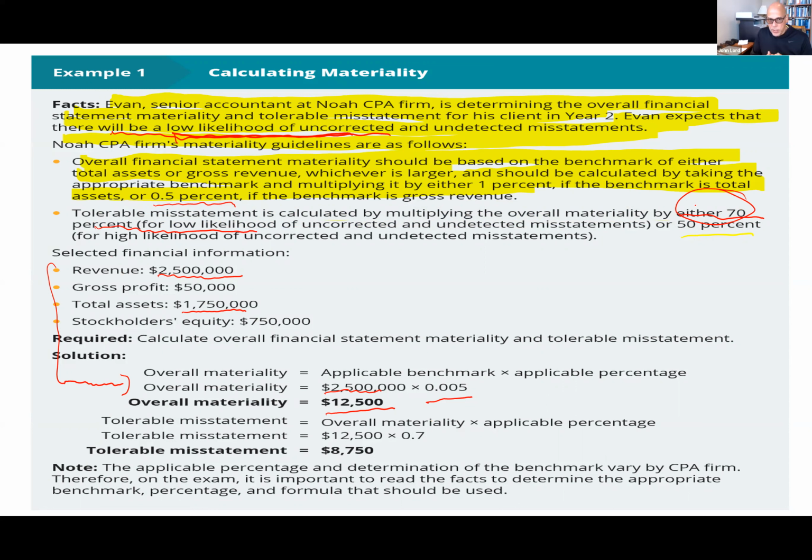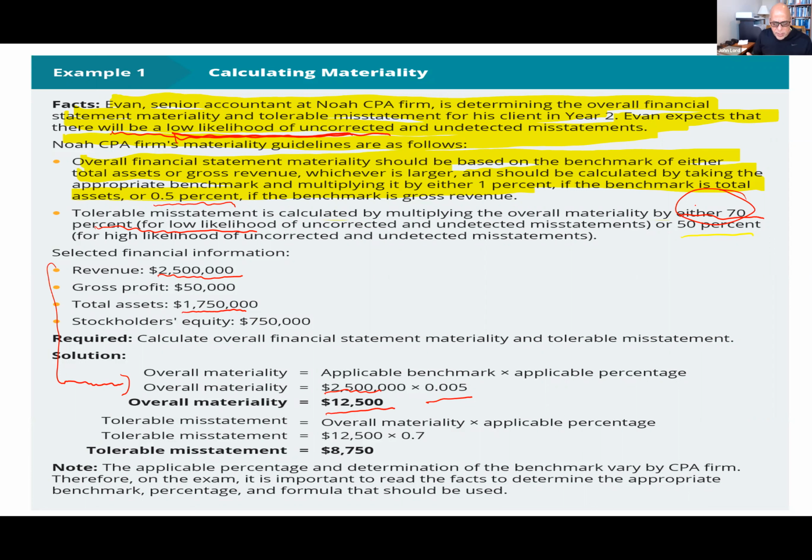50% would squeeze that tolerable misstatement down even more. And we would be doing more audit work there if our materiality level had shrunk down even more, since they're saying through experience with this client and whatnot, they're applying these benchmarks maybe to last year's or annualized interim statements.